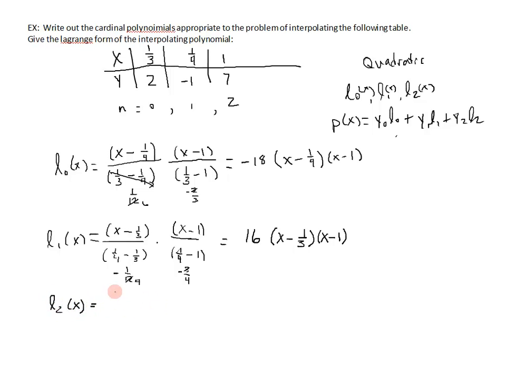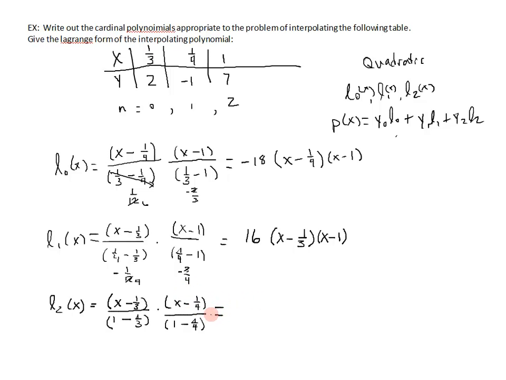Now let's do L2. Following the same pattern, we're now going to have x minus 1/3 on top. That's x minus x0. And then on bottom, x2 minus x0. So that's 1 minus 1/3, times. Now we're going to do x minus x1 on top, so x minus 1/4, over x2 minus x1, which is 1 minus 1/4.